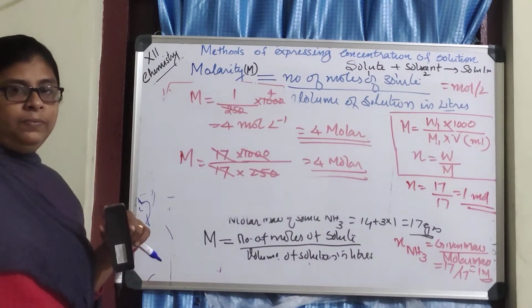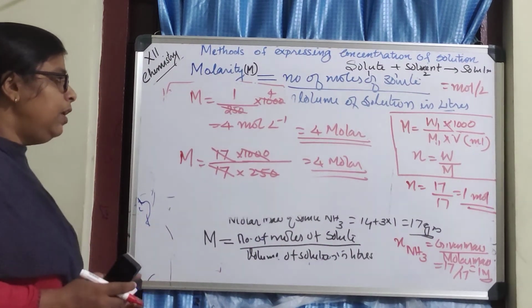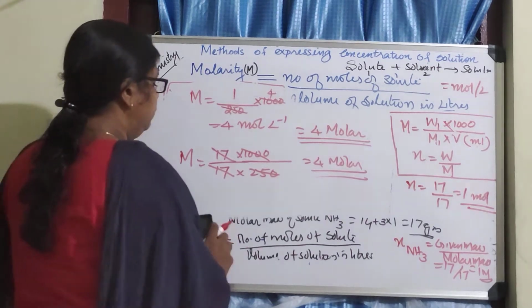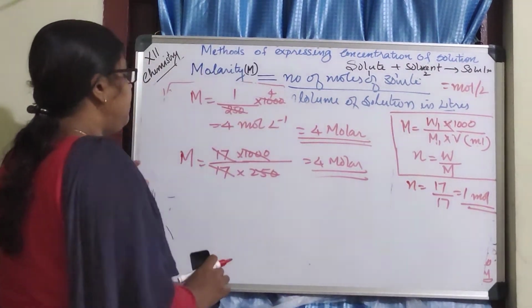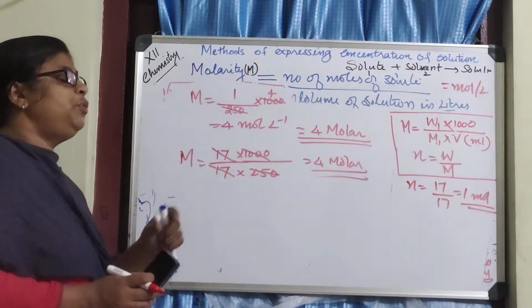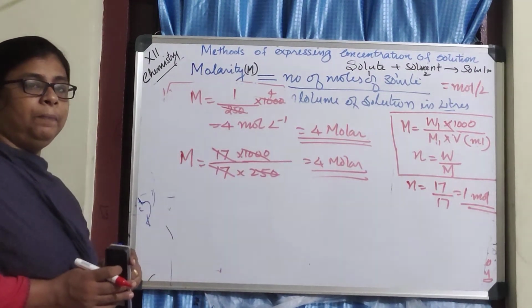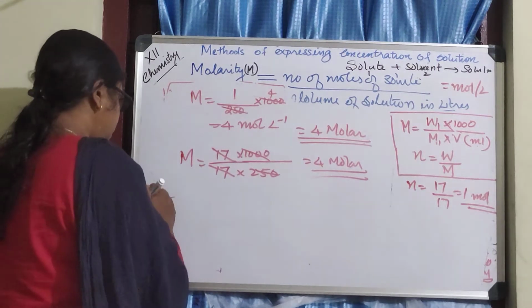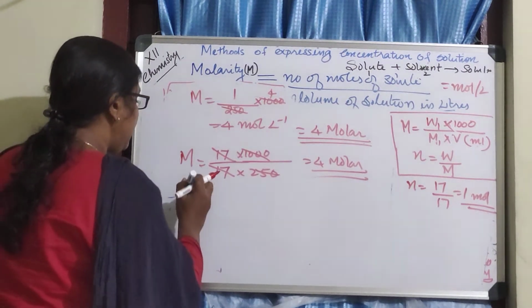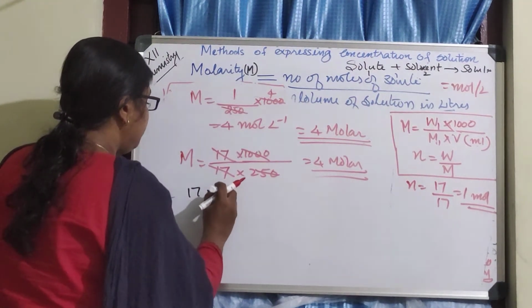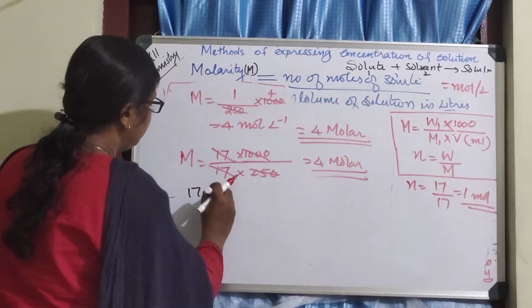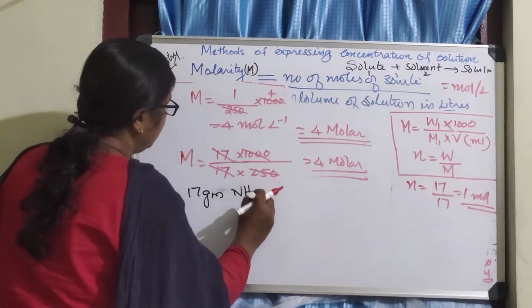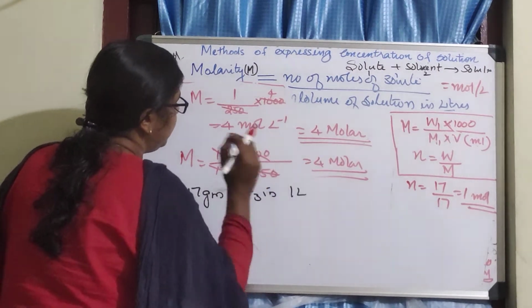Okay. Now ഇവിടെ നമ്മൾ എന്താ ചെയ്തത് ഈ പ്രോബ്ലത്തില് 17 gram is dissolved in 250 ml. Suppose we are dissolving 17 gram of NH3 in 1 liter.